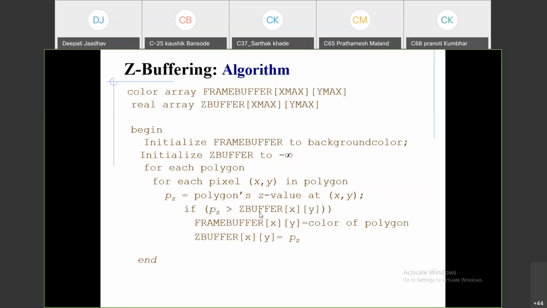If pz is greater than z buffer (x, y), which is initially minus infinity, then the color of the polygon is stored in the frame buffer. The color of the polygon stored in the frame buffer means that is the visible pixel, and that's why that pixel's color is stored in the frame buffer as the final picture. And the pz value that we have calculated is stored in z buffer (x, y), at that position of the pixel.